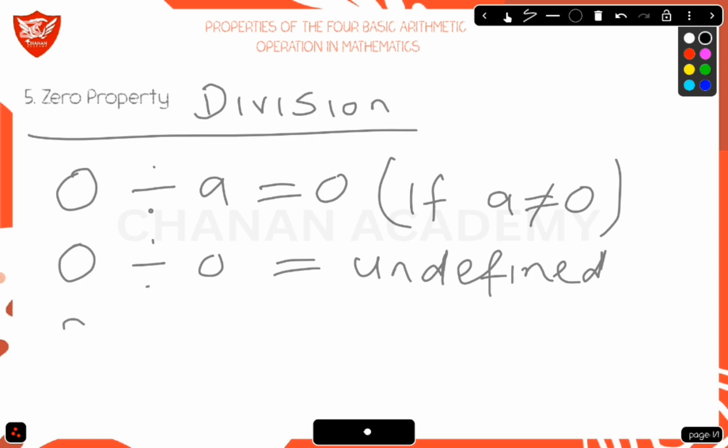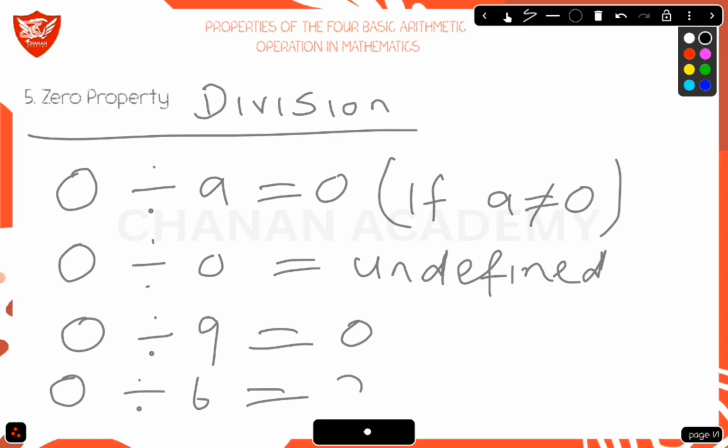Say for example, 0 divided by 9, the result is going to be 0. 0 divided by 6, the result is still going to be 0. So any value that is dividing 0, so long as the value is not equal to 0, the result will be 0.